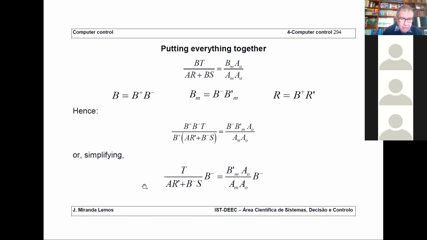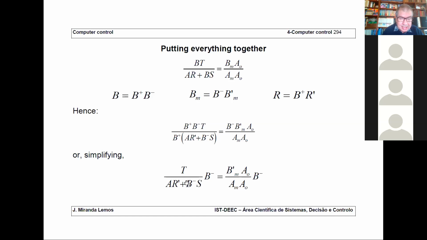Okay. Now we cannot use the same argument for B minus because it has roots outside the unit circle. So I cannot say, well, I divide by B minus and then I cut B minus with B minus. Okay. The argument here is a little bit different.